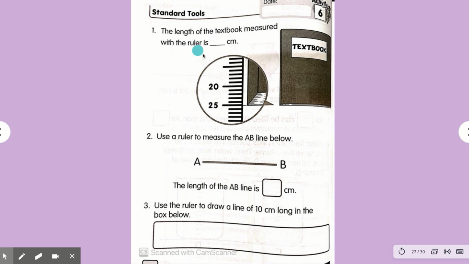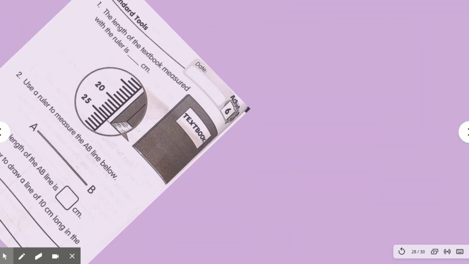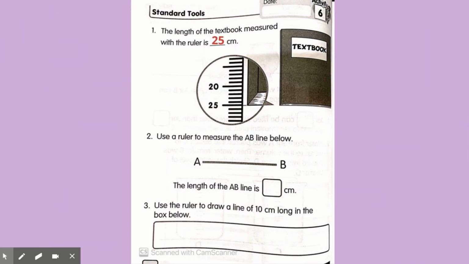We're going to measure the length of the textbook. You have to look at this. What do you think is the answer? Can you give me the answer? Yes, we have 25 cm.